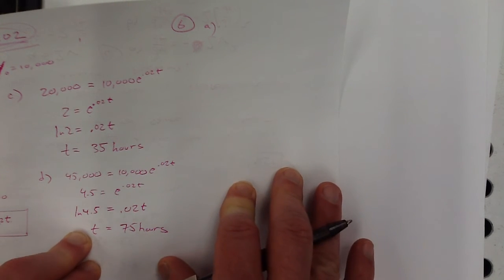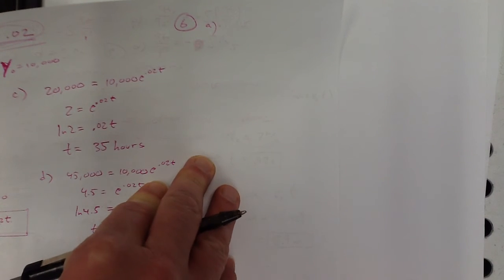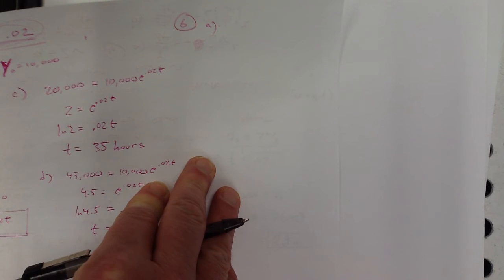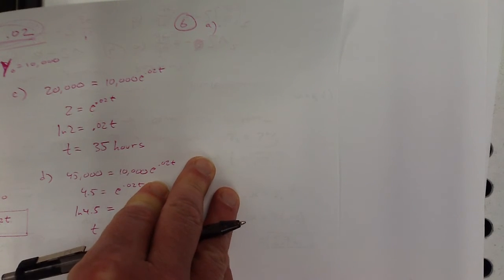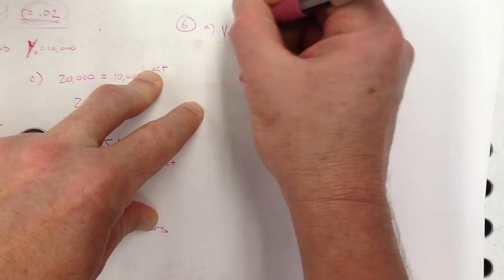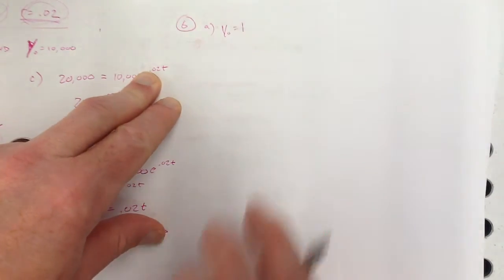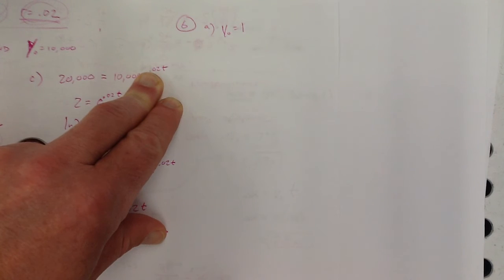So find an initial value problem whose solution is y of t. So I guess we're just starting with one cell. So y sub 0 is equal to 1, and it divides into 2 cells every 20 minutes.